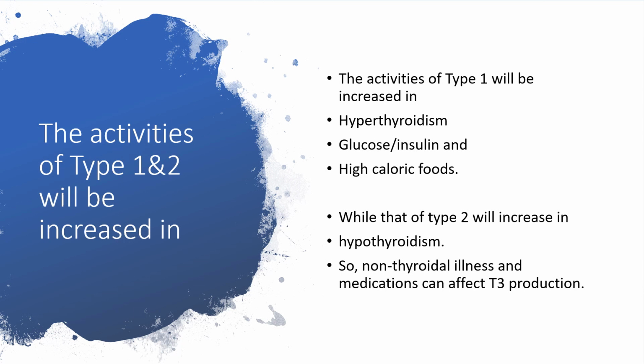The activities of type 1 will increase under hyperthyroidism and glucose with insulin, and of course in high caloric foods. While type 2 activities will increase in hypothyroidism. So non-thyroidal illness and medications can affect T3 production.